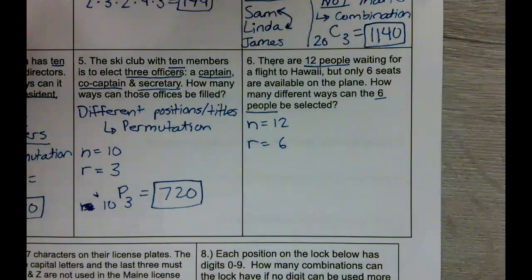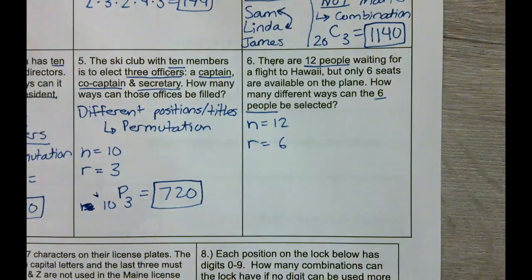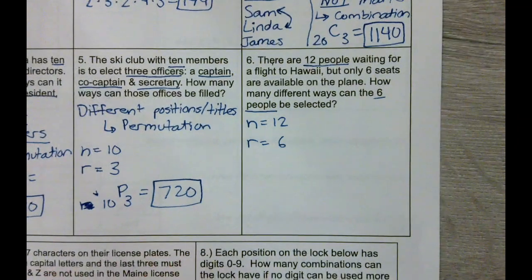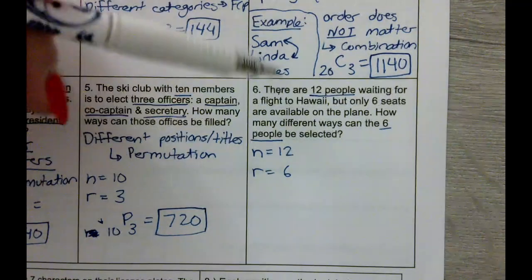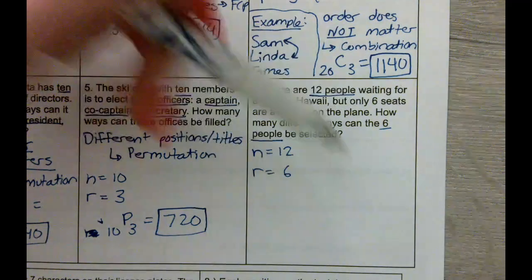Now, at first, the way it's worded here, it says 6 seats are available. That might make you think permutation. But again, I could come up with a list of names. In this case, I would come up with 6 names instead of 3, like I did in number 3, the problem directly above. But order does not matter here.